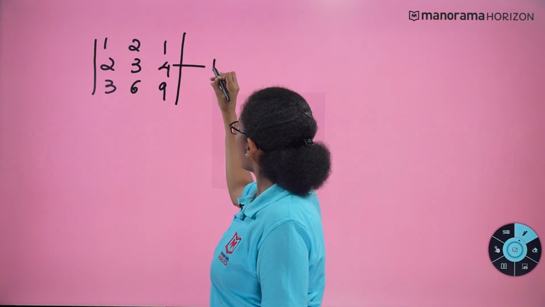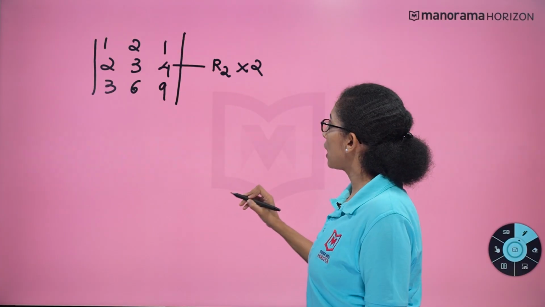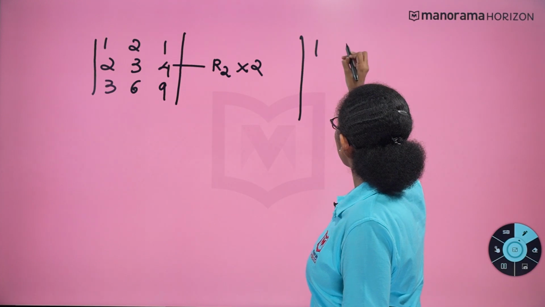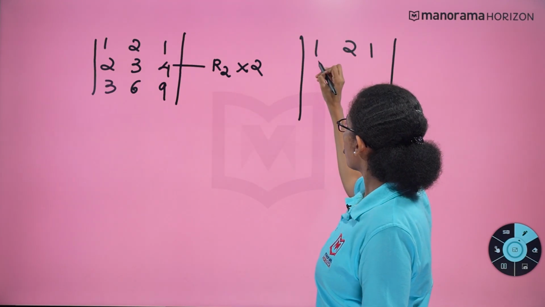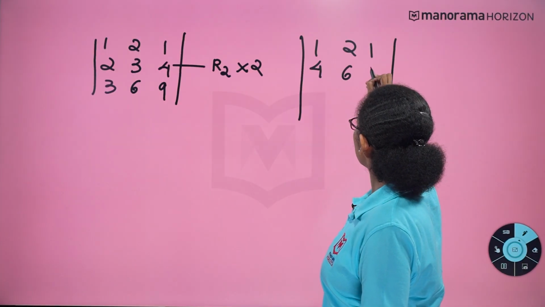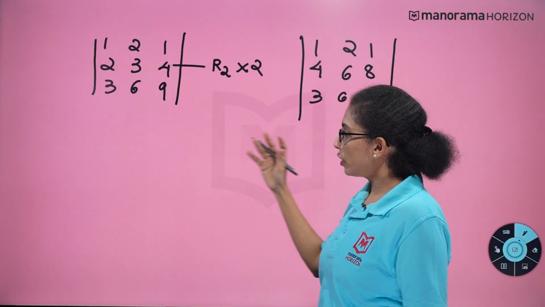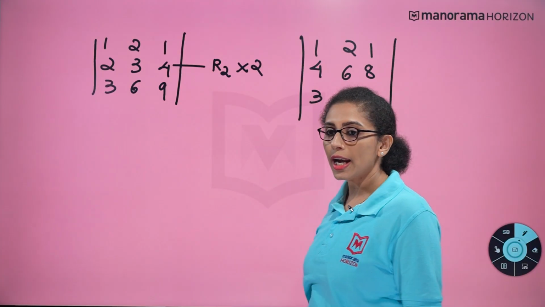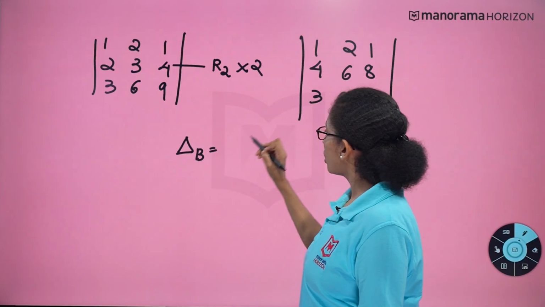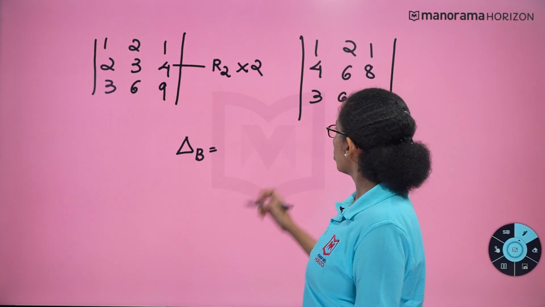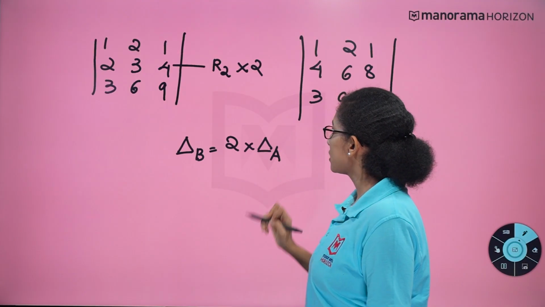Now, if I multiply row number 2 by a factor 2, the determinant will become determinant 1, 2, 1, second row multiplied by 2, so 4, 6, 8, 3, 6, 9. If we take the determinant, we can see that the determinant of matrix B will be equal to 2 times the determinant of matrix A.